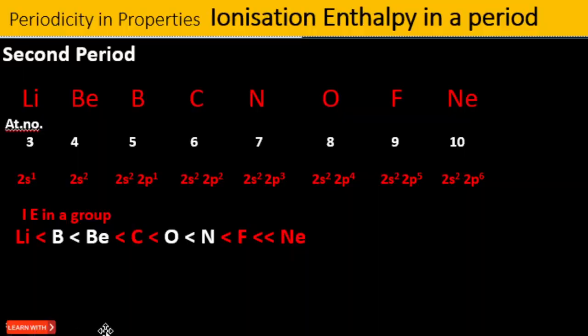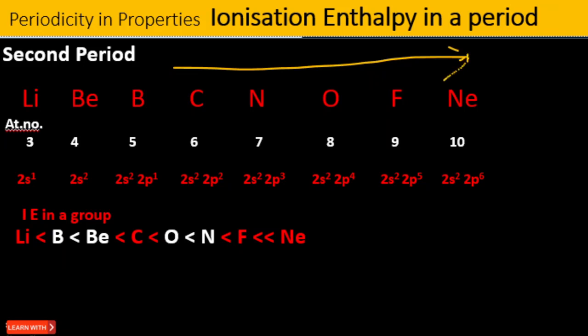Now if we take ionization enthalpy in a period, we have taken the second period. It is lithium, beryllium, boron, carbon to neon, and as we know, atomic size decreases as we go across a period.